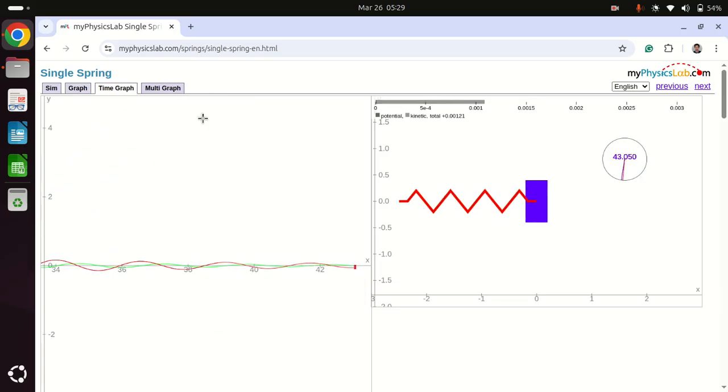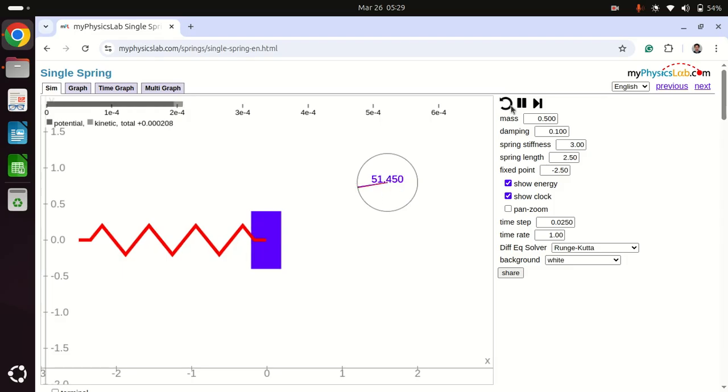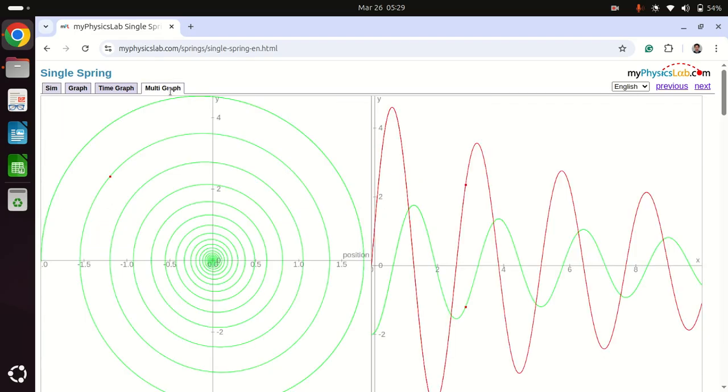Okay, this is time graph, and this is multi. Okay, both graphs can be seen here. Okay, if I reset this and run and hit on multi, you can see here.